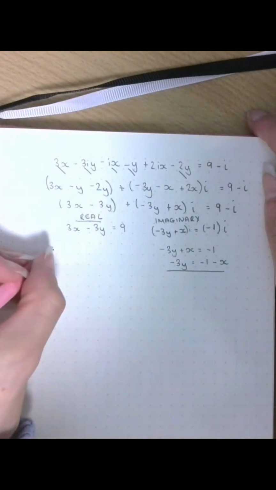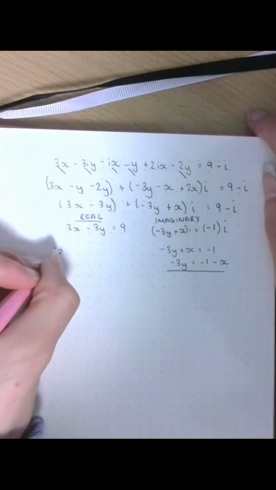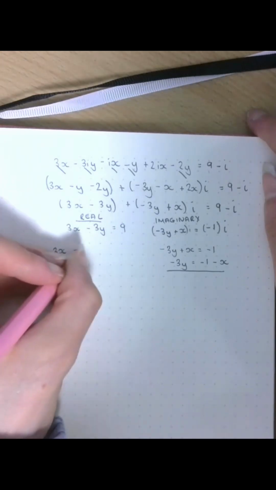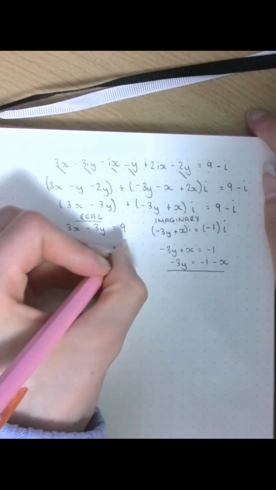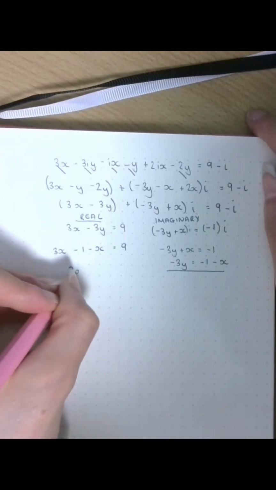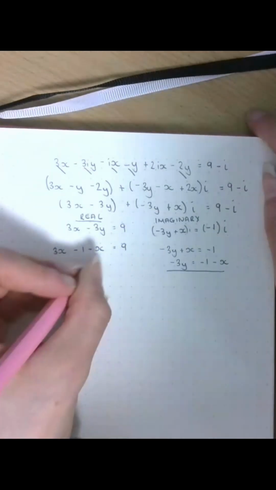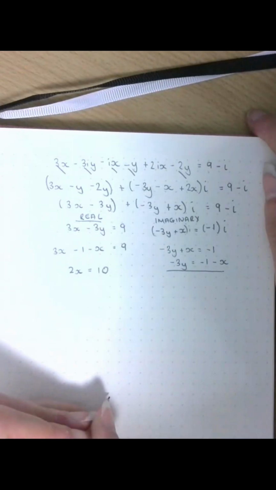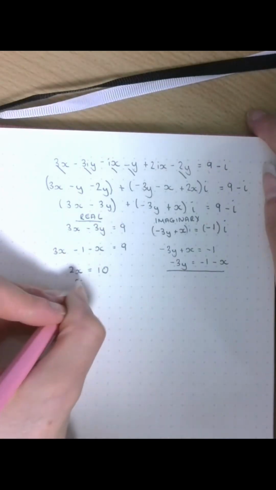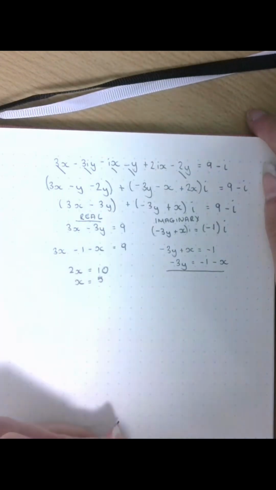So that would be 3x, and then that would be minus 3y, so that would be minus 1 minus x is equal to 9. That then will become 3x take away x is 2x, and then add the 1 is 10. So 2x is 10, so therefore x is 5.